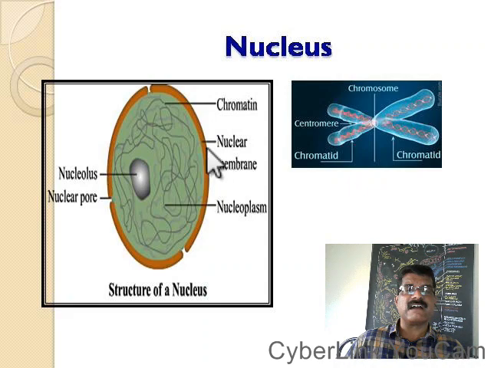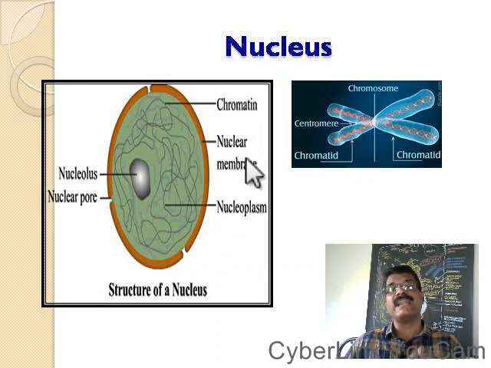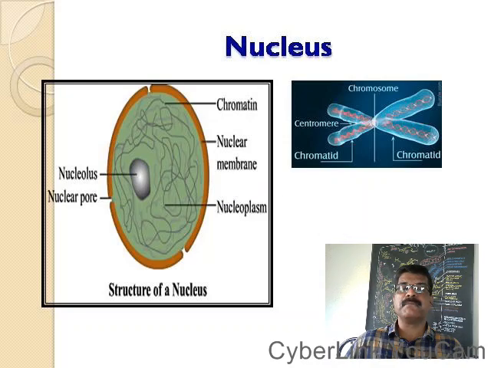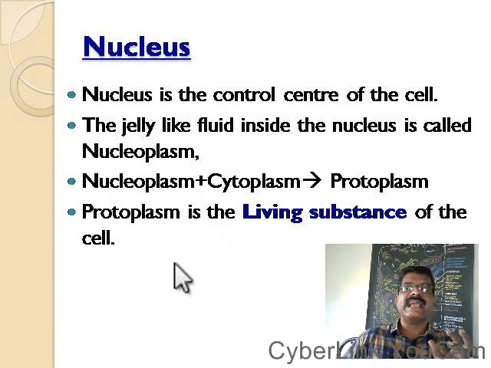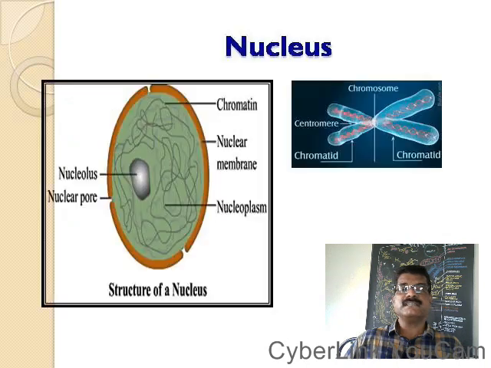Nucleus is covered by a double-walled membrane. This is known as the nuclear membrane, or the nuclear envelope. At the center of the nucleus, you can see a spherical structure that is called the nucleolus.